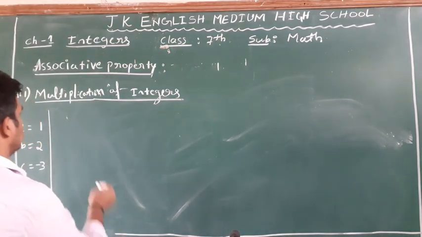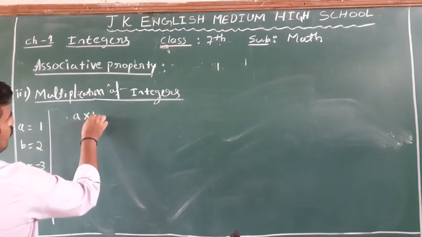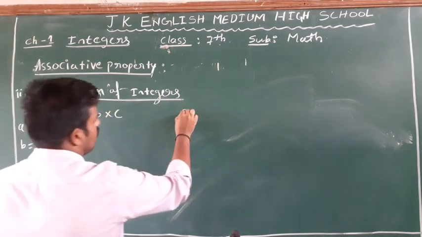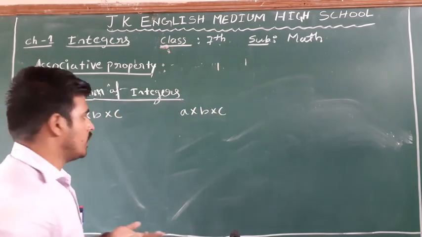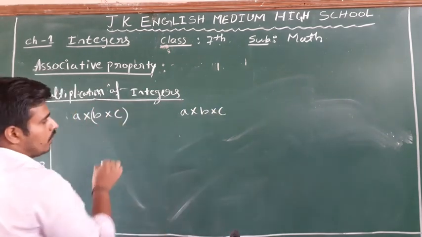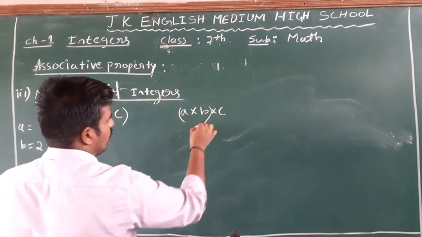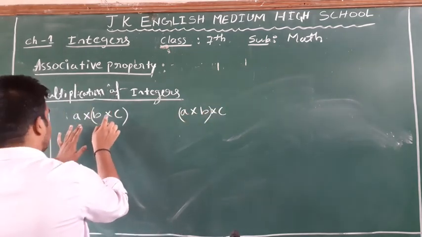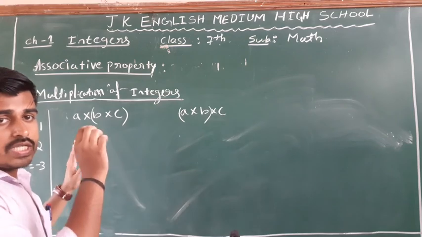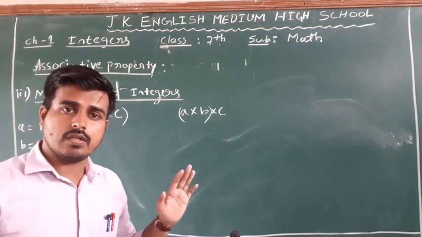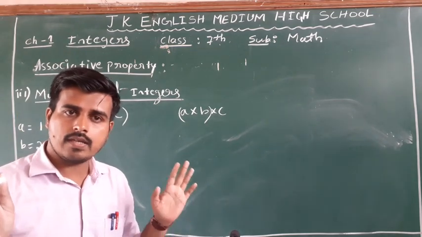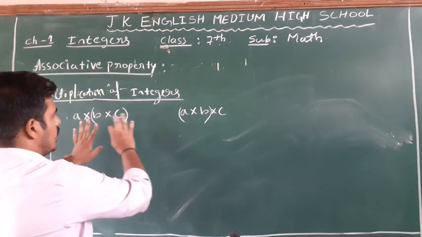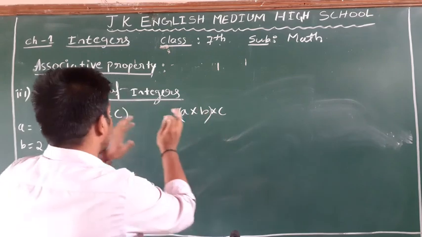Multiplication of integers means (a × b) × c must equal a × (b × c). Means we have to make different association. I will make b and c one group here, a and b one group here. I am changing the order of operation, but I am keeping the operands the same. All operands are at their own place only, but I am changing the order.